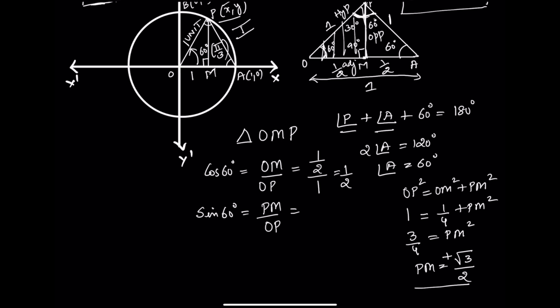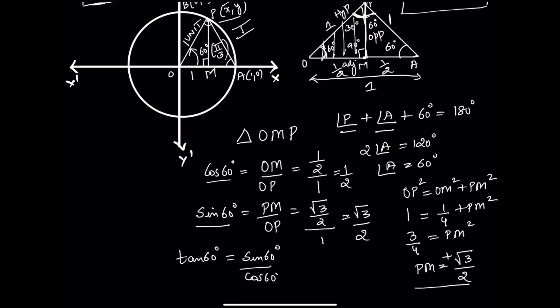Now let's apply it here. We know the value of PM. So sine 60 is square root of 3 by 2 divided by 1, which is the hypotenuse value. So it is square root of 3 by 2. Now, once we know the value of sine and cos, we can find the value of tan 60, which is sine 60 by cos 60.